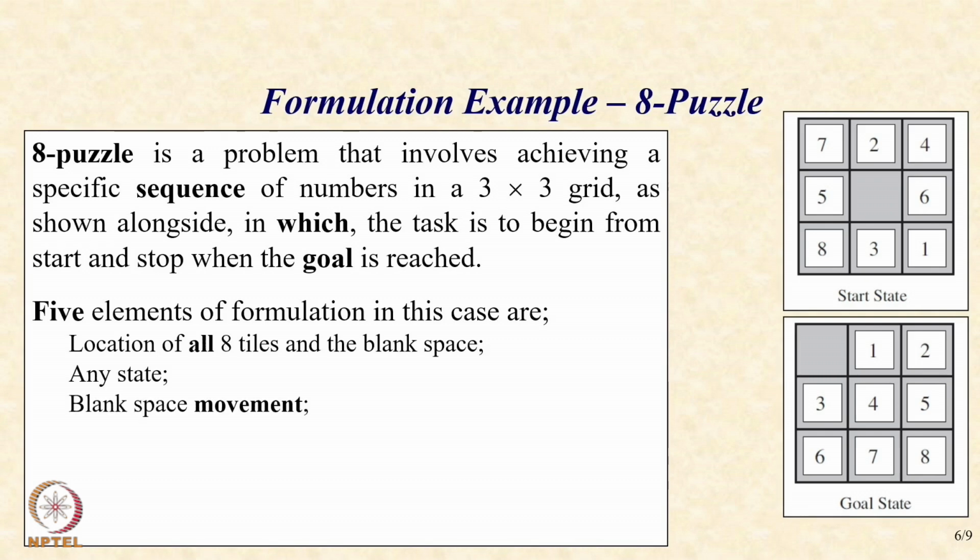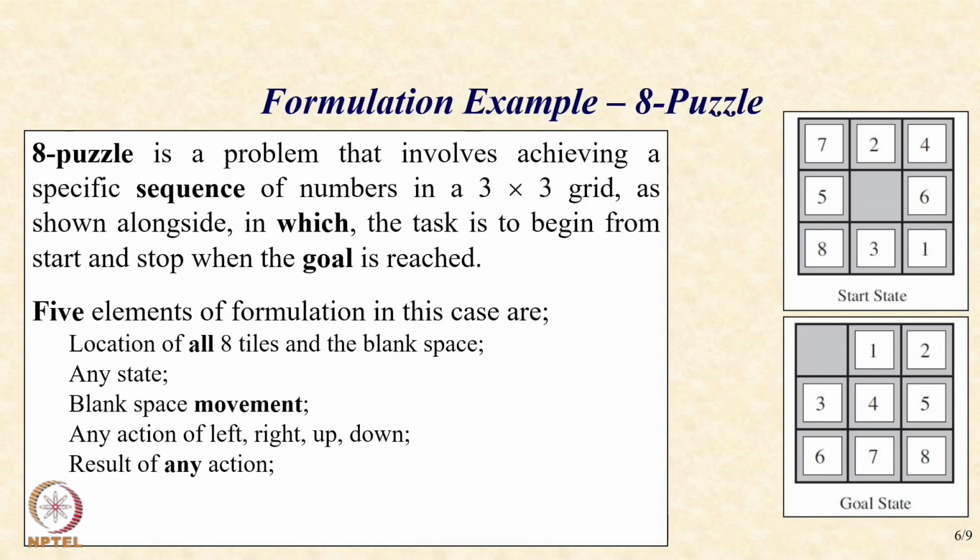Blank space movement is the tool that you are going to use, that is, where to place the blank, and the legal actions in this case are given by these 4 sets, which means a tile can go left, right, up or down. So, there are only 4 legal moves possible, which means diagonal movement is not allowed.